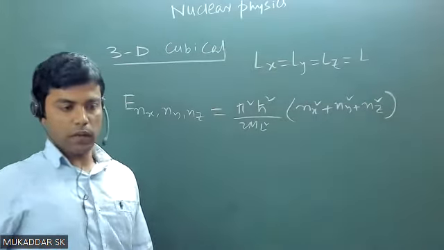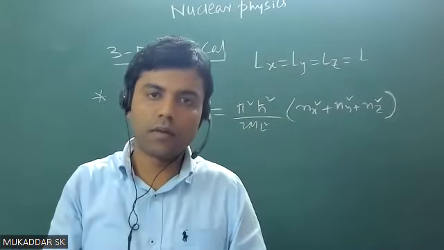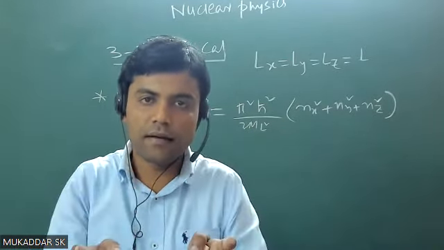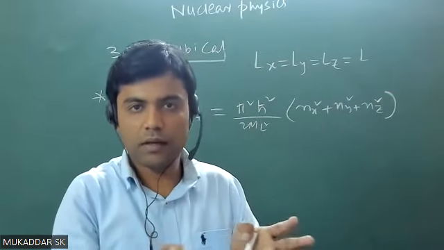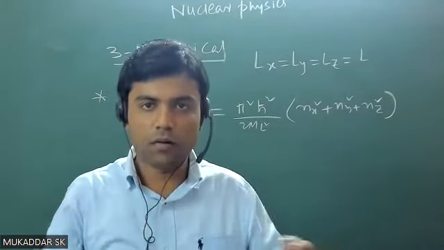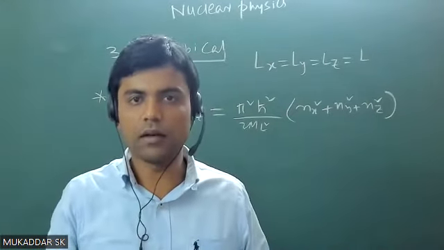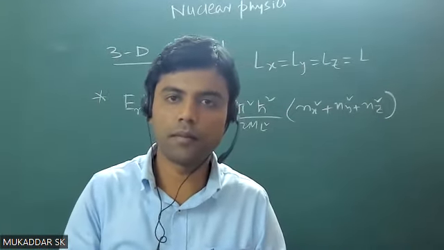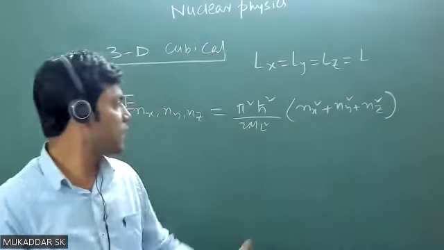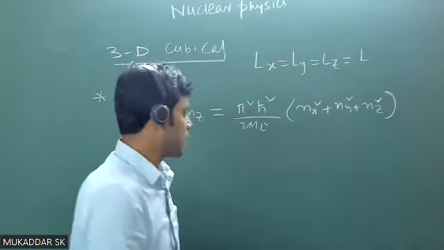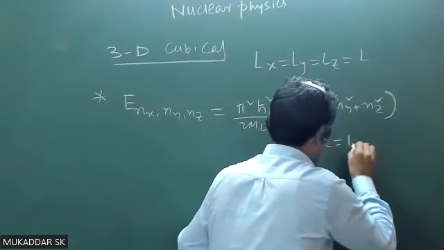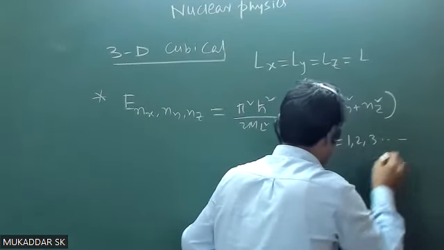So when you think your nucleus is cubical in shape, it means inside the nucleus there is no potential, but at the edge or at the surface there will be infinite potential. You have solved this three-dimensional box problem in quantum mechanics, and you will get this much energy. Here nx, ny, nz can take values like 1, 2, 3 and so on.